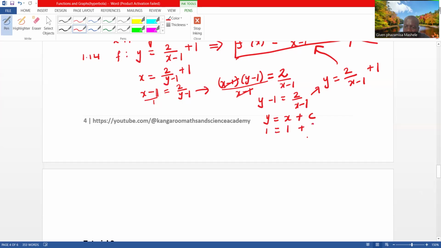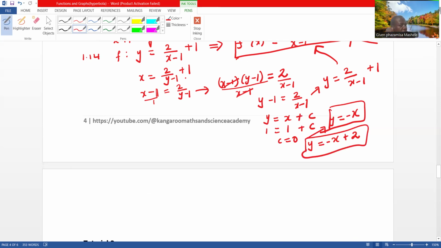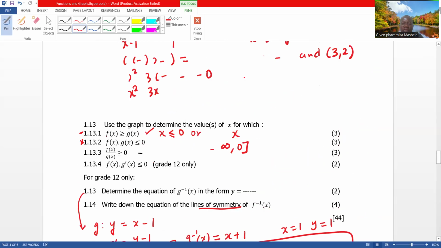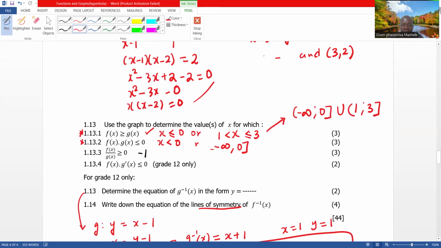So the first equation is y equals to minus x plus 0, which is just minus x. The second one is minus x plus 2. So the two lines are y equals to minus x, and y equals to minus x plus 2, because we got this in the first question, where they ask to determine the equation of a line with a negative gradient.